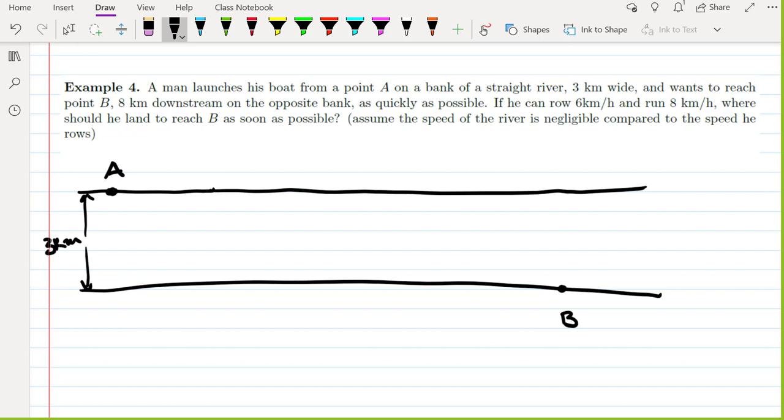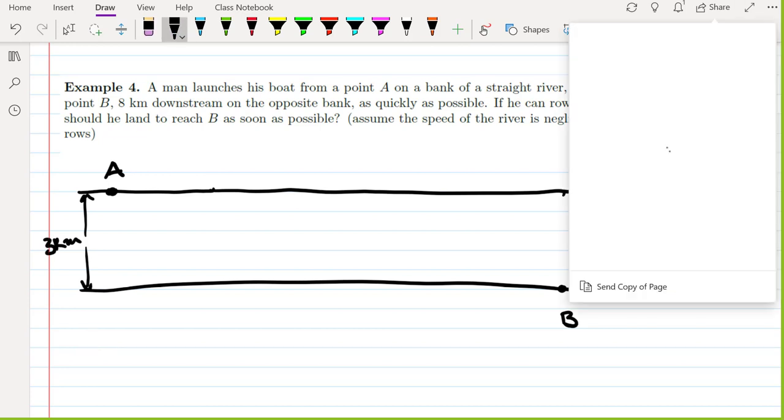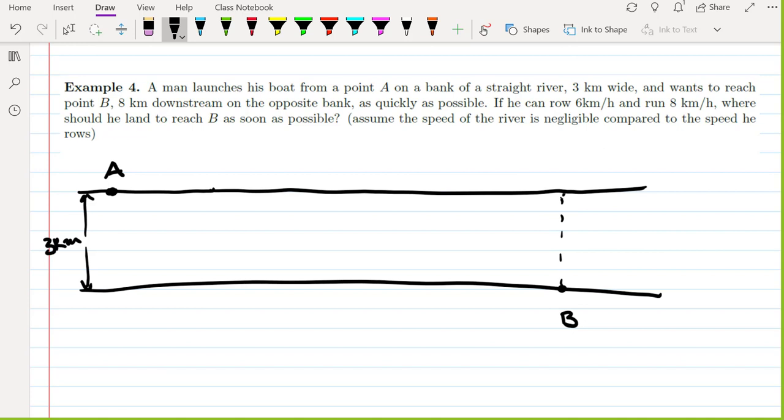And we know that the total distance from A to B, well, the perpendicular distance, so this distance is 8 kilometers.